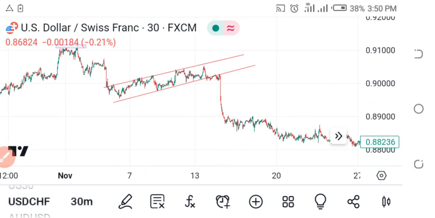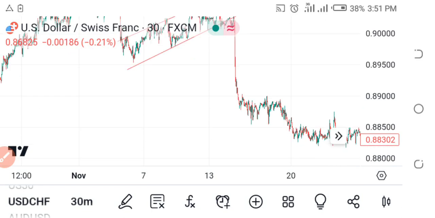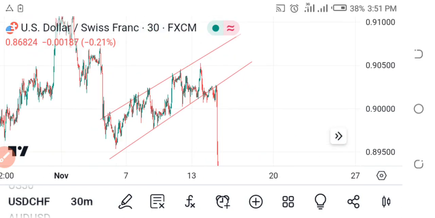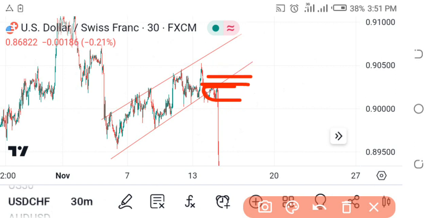We got a breakout here from this zone. So this is where we should be looking for potential entries, put our stop loss here, or whatever risk we need to take, to ride the price all the way to the downside.